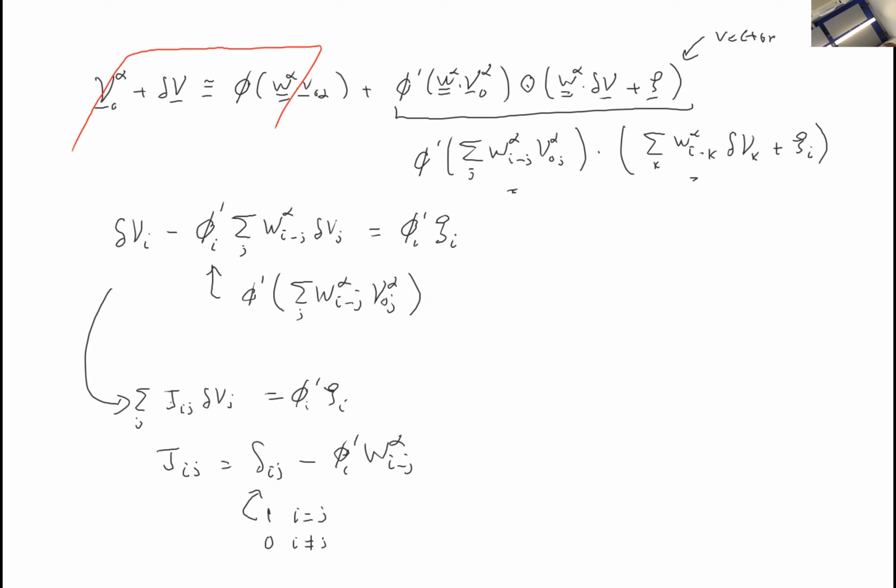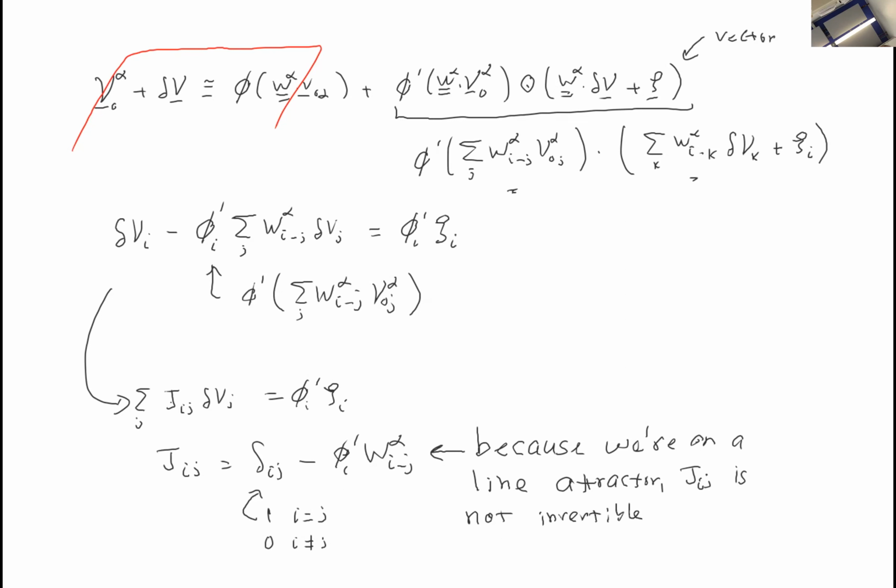The problem is, and this is a completely non-trivial and important point, because we're on a line attractor, and this point is going to come up again, J ij is not invertible. Okay.